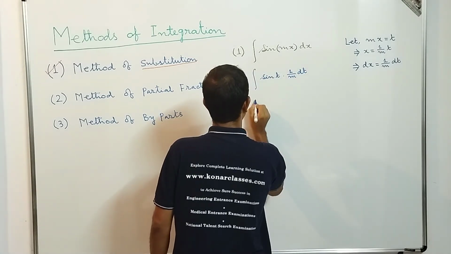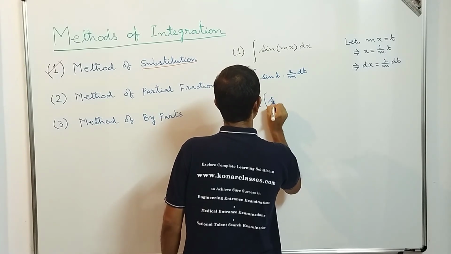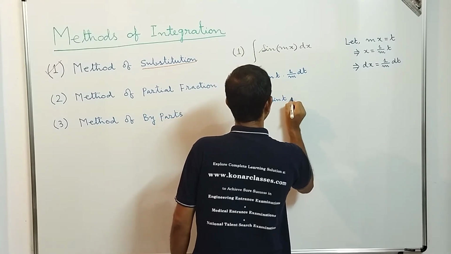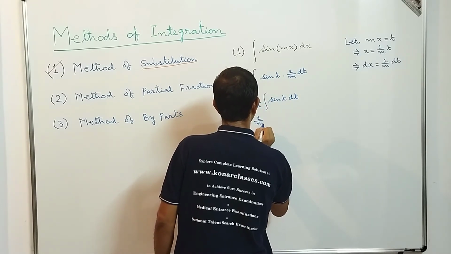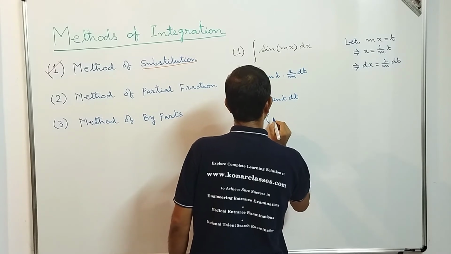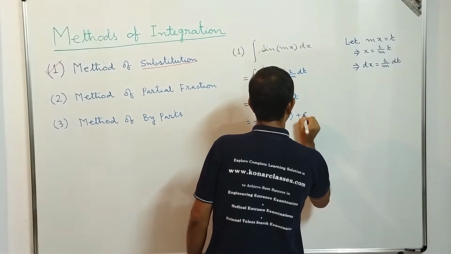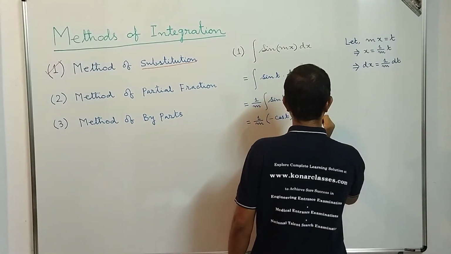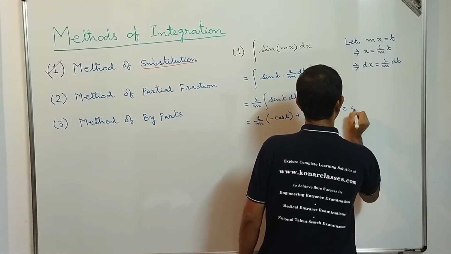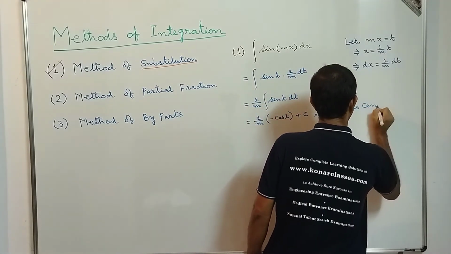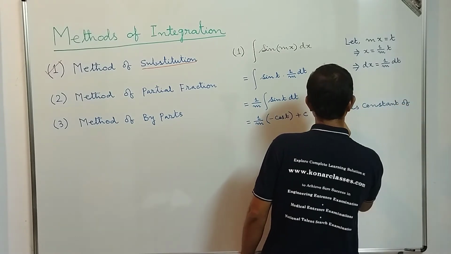So that is equal to 1 by m, a constant, I take it out, 1 by m integration sin t dt, that is equal to 1 by m. What is the integration of sin t? Minus cos t plus c, where c is a constant of integration.